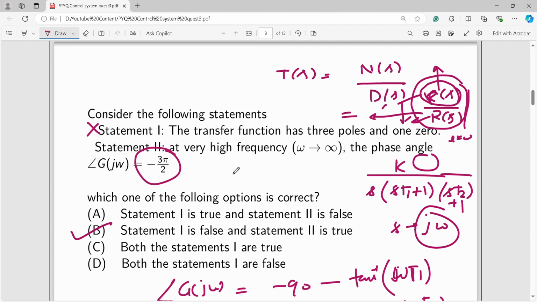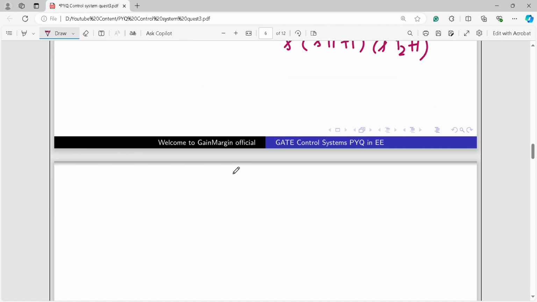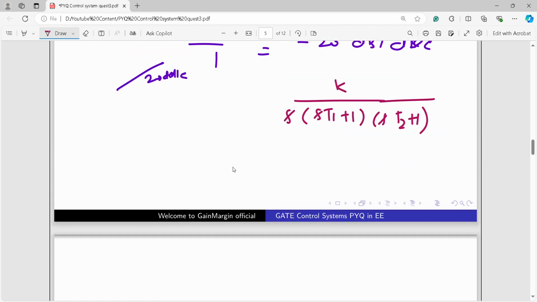Here you can see s t1 plus 1 and s t2 plus 1. If we want to find the steady state error for this, let us give a step input, for example. Step response. So what is the Kp value?